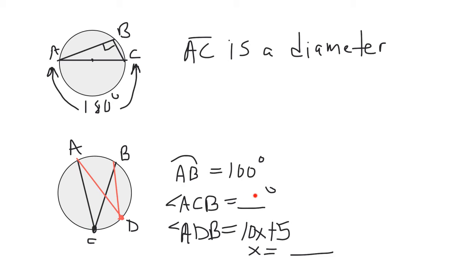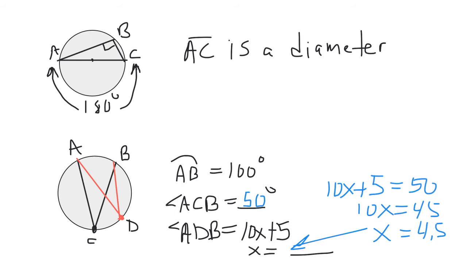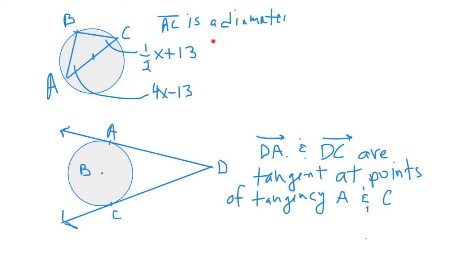It would be 1/2 the intercepted arc. So the inscribed angle would be 50 degrees, and the second angle would also equal 50 degrees, so we could solve for x.